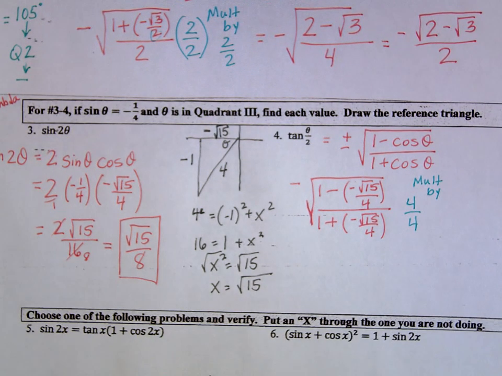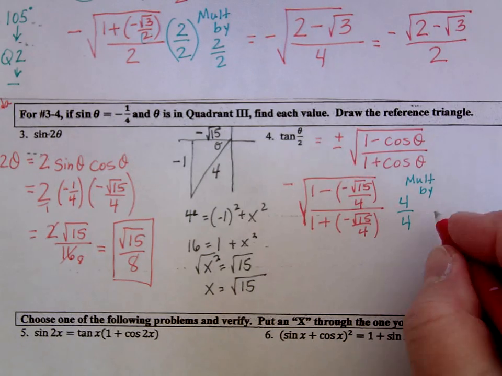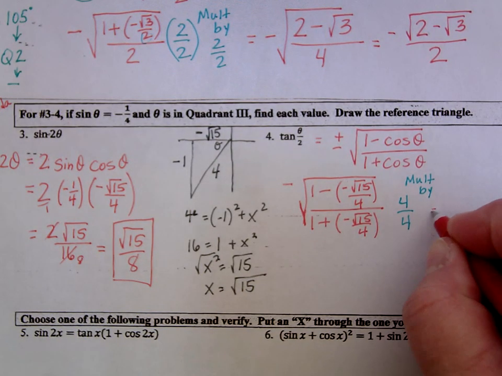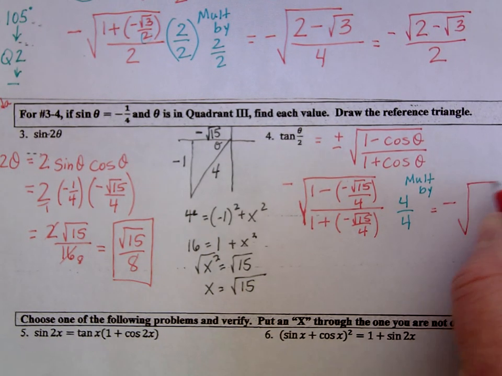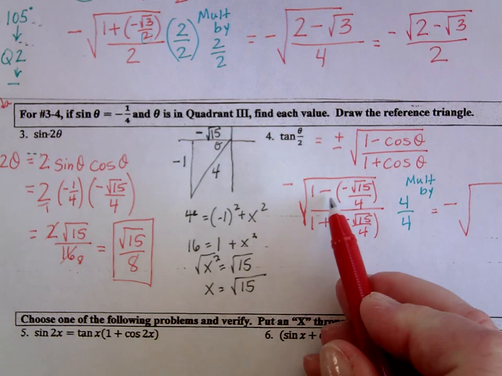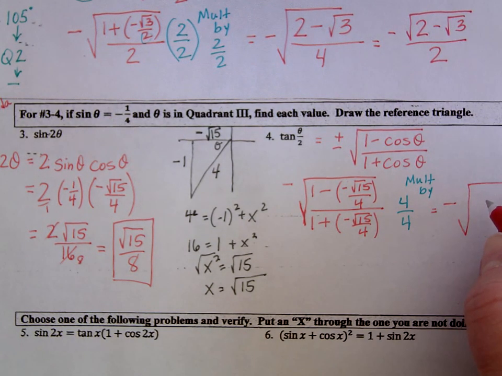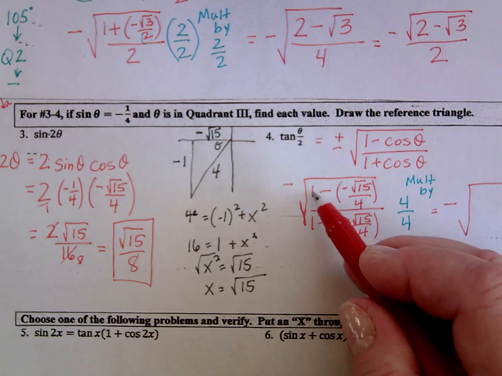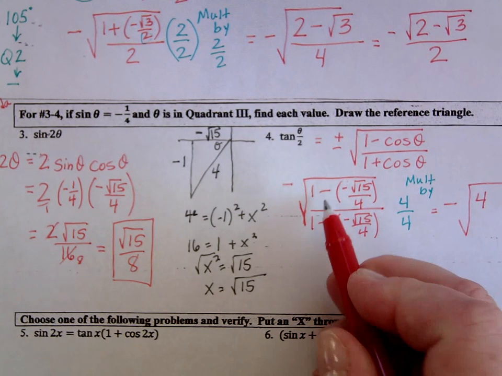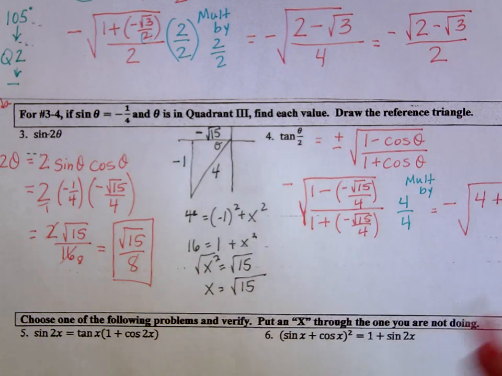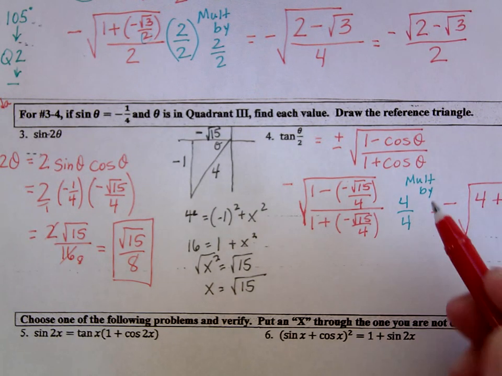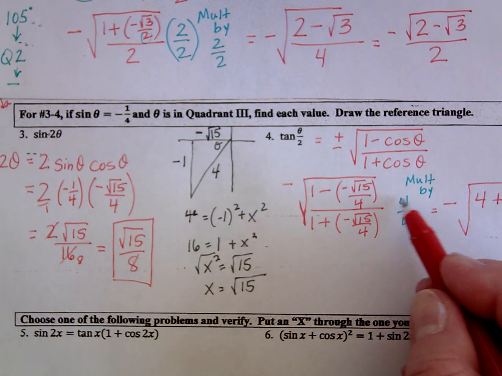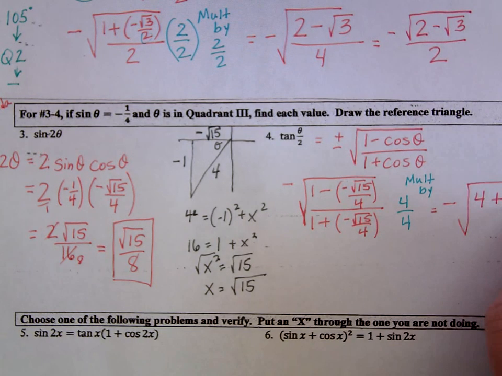All right, so if I do that, that's going to create for me a negative square root of 1 plus, I guess we can do it all at once. If I have 4 times 1 is 4. Negative negative is plus. And the square root of 15 over 4 times 4 cancels the 4's, and I get the square root of 15.